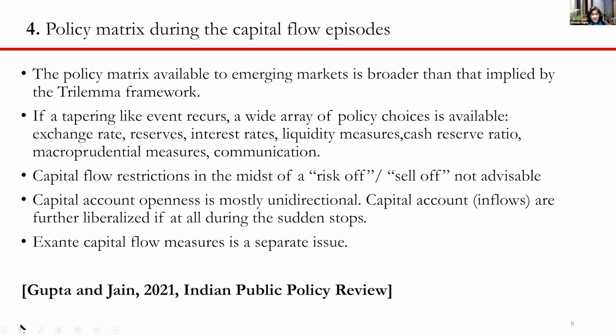And it's because of this wide variety of policy choices that were used. One policy measure that was used at the time and is not advisable, in my view, is capital flow restrictions in the midst of a sell-off episode. This is something India did experiment with, and in my view, it kind of backfired.